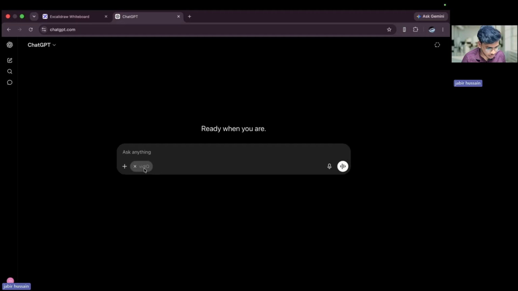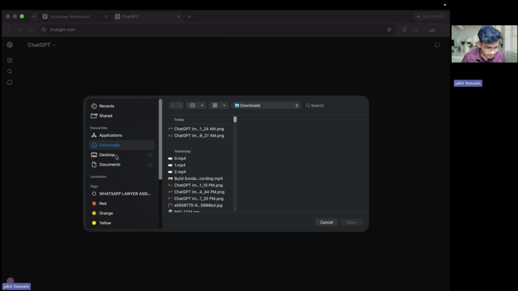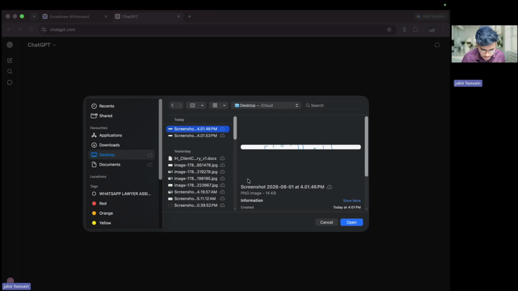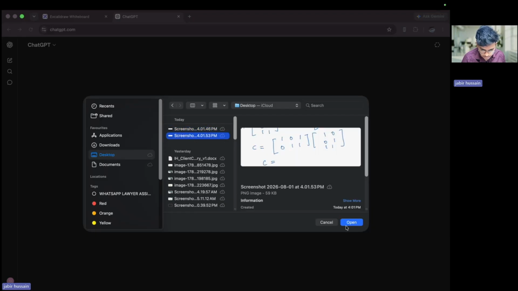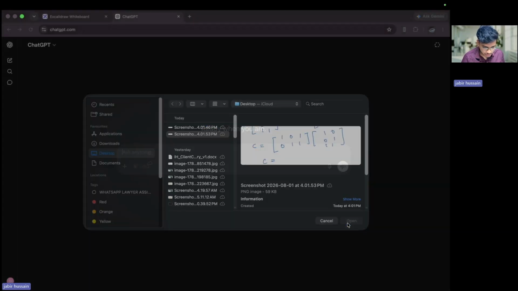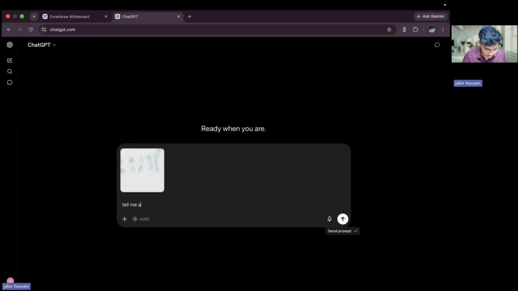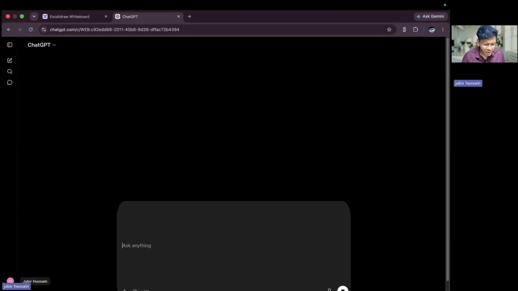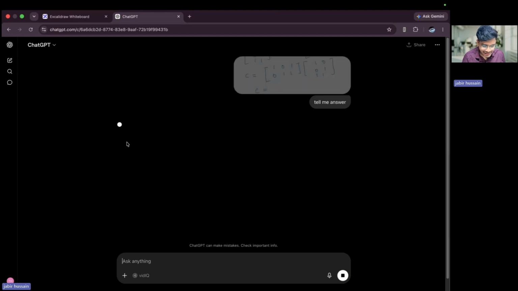Let me just do all the calculations with GPT. We have the matrix here; tell me the product. You can do the calculations yourself, but it's easy to directly give it to GPT.